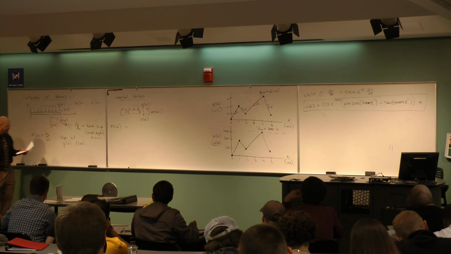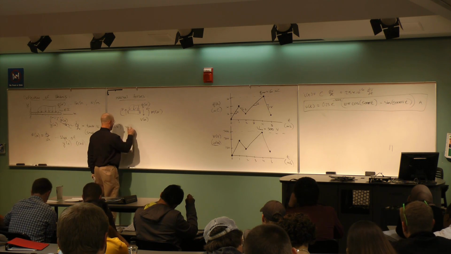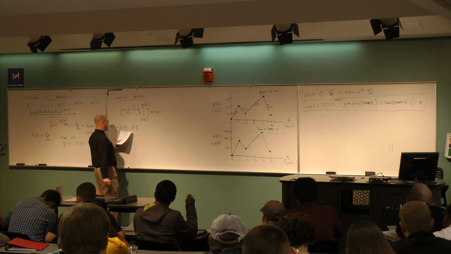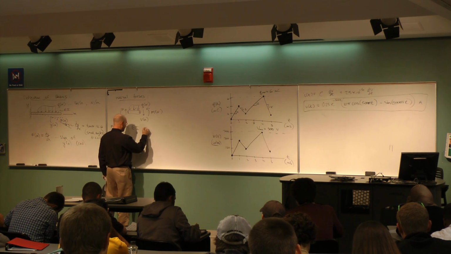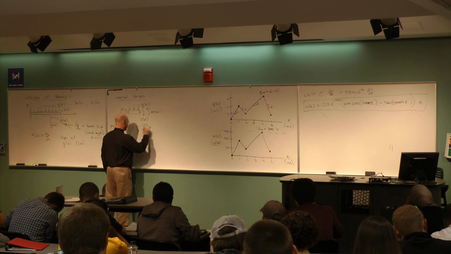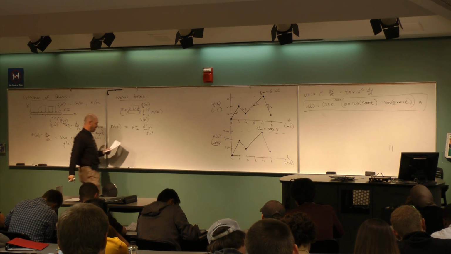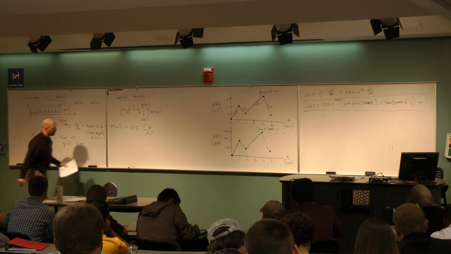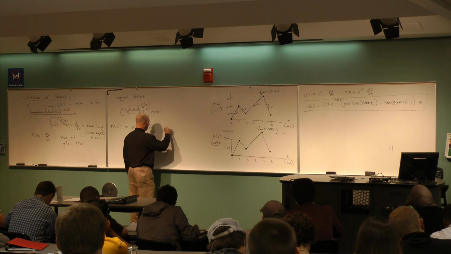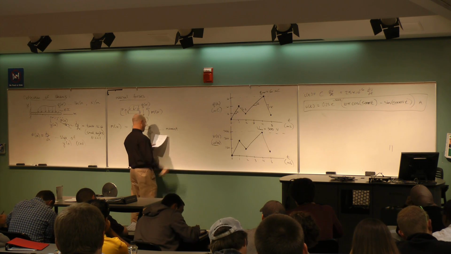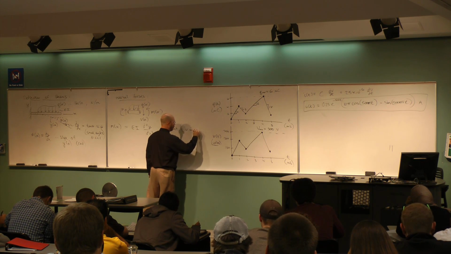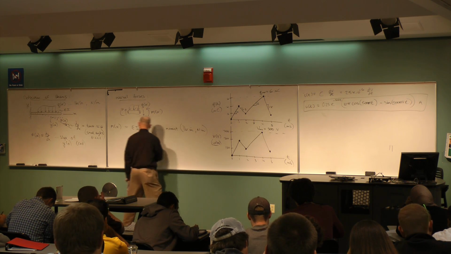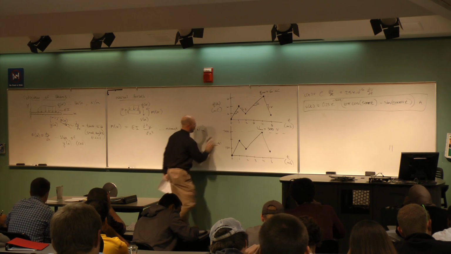I'll define what that is in a minute, but I've got EI, a geometric and material property of the beam, times 2 derivatives of y with respect to x. So this is called the moment inside the beam. Units on that are force times distance, so it's pounds times inches or newtons times meters.